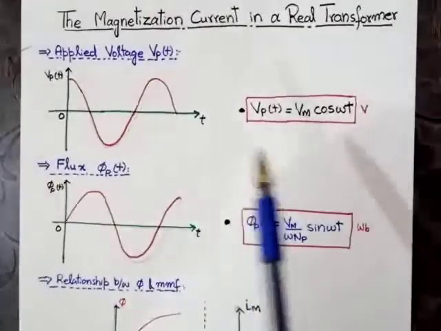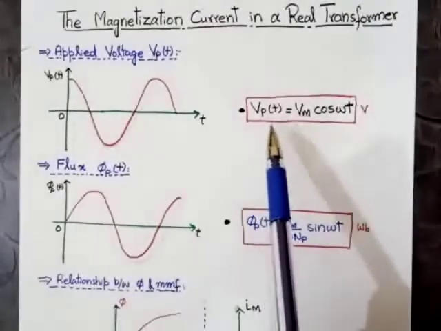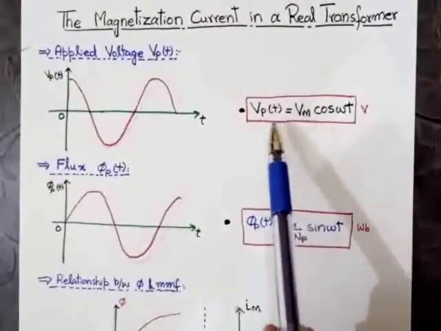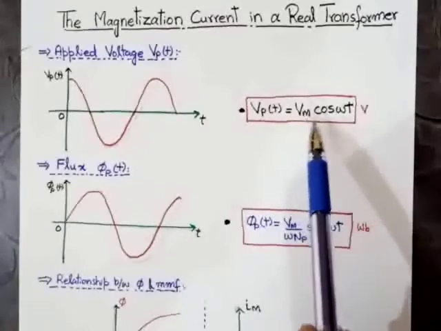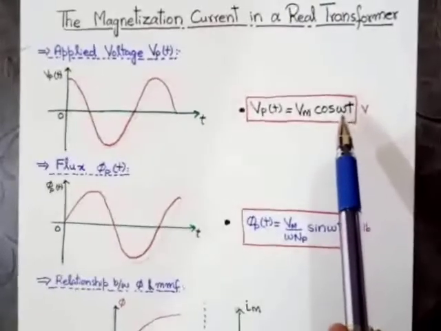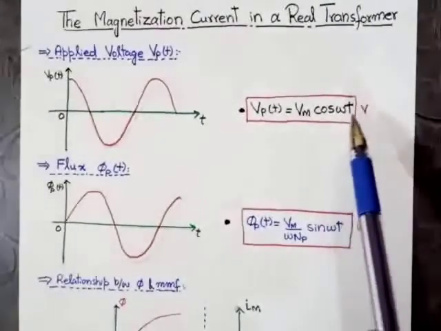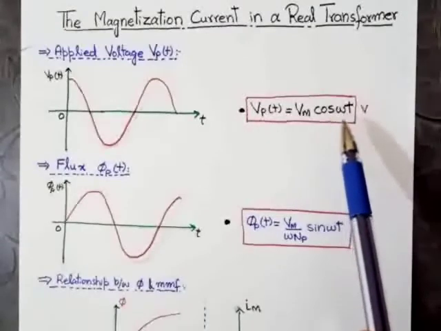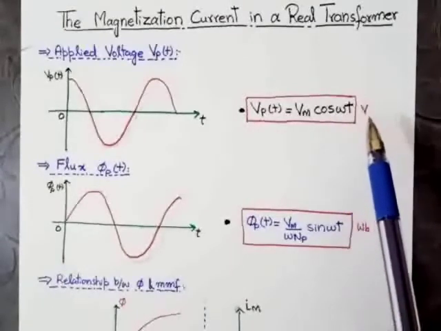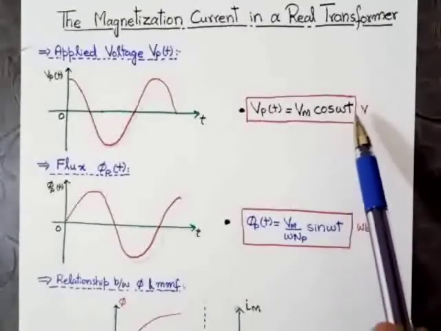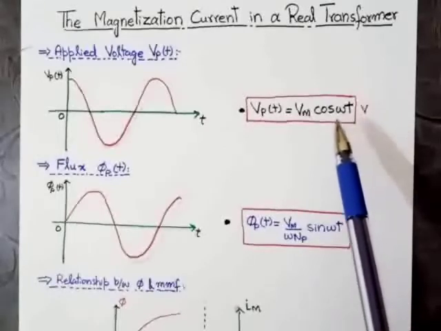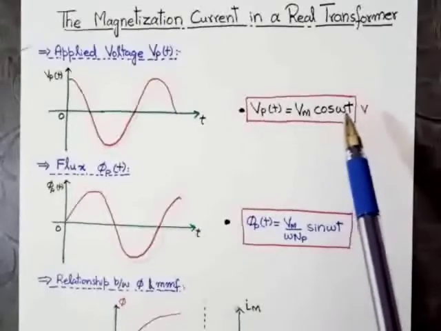As the applied voltage across the primary circuit is Vpt equal to Vm cos omega t, if the value of t is 0, cos 0 will be 1. As we know, the value of the cos will be maximum at 0.